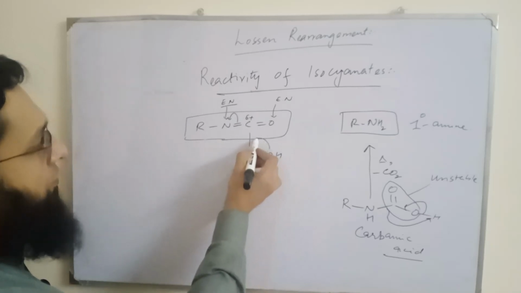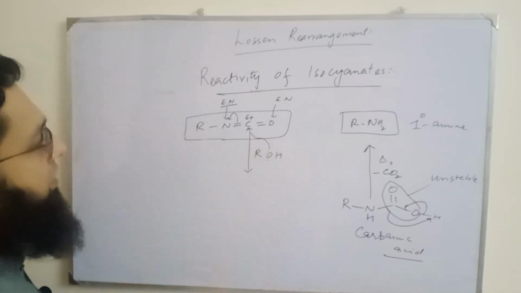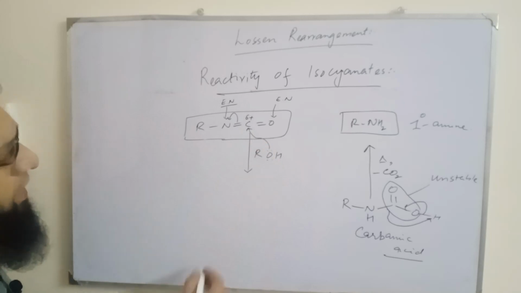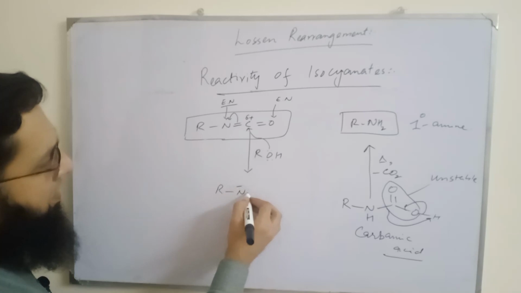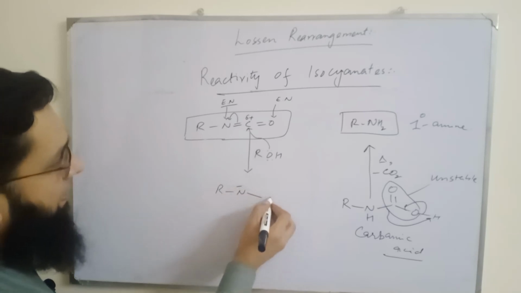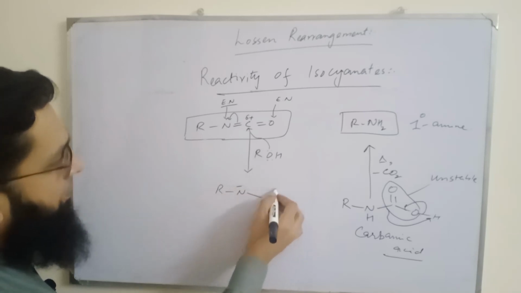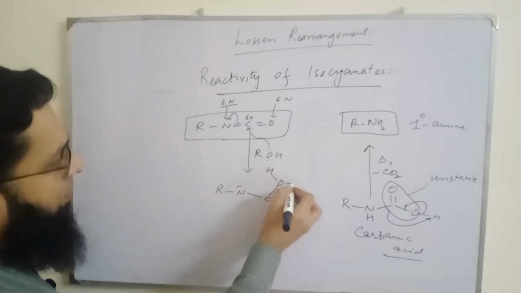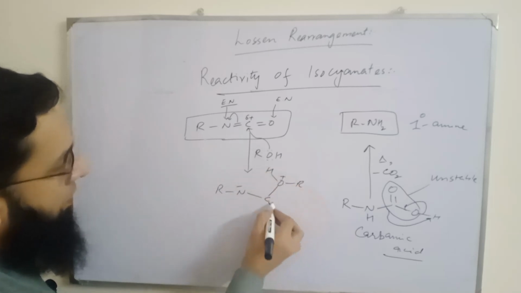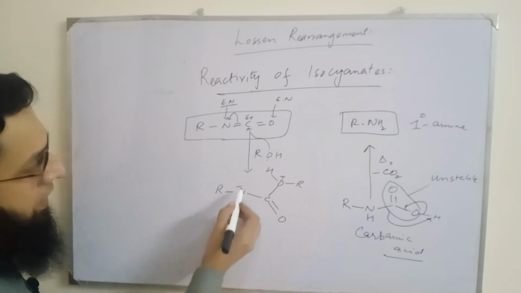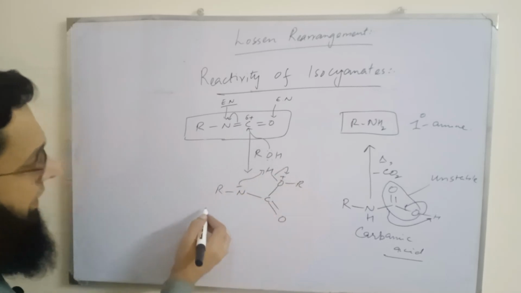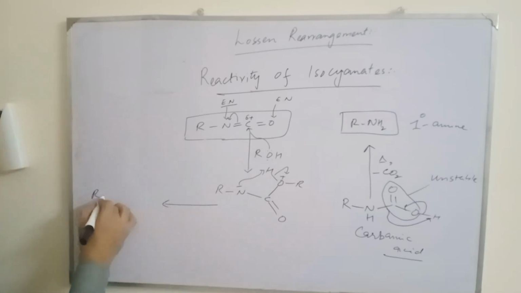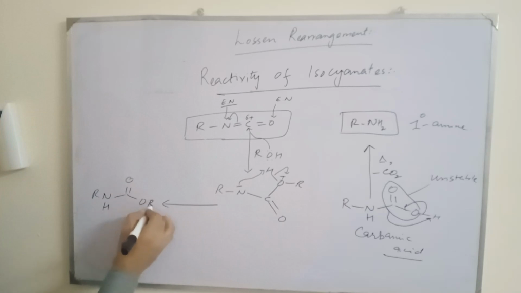This lone pair would be used to attack on this carbon, which is electrophilic in nature, and as a result of this attack we would get this molecule, and similar mechanism would be adopted and we would get this one.